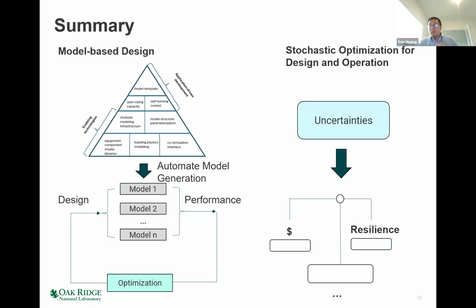So generally, I think right now we see there is a chance to combine the two as one. Basically, we can also introduce the stochastic operation into this model design process.